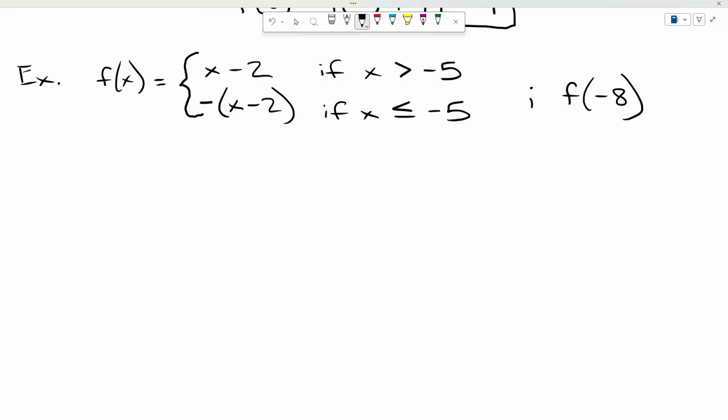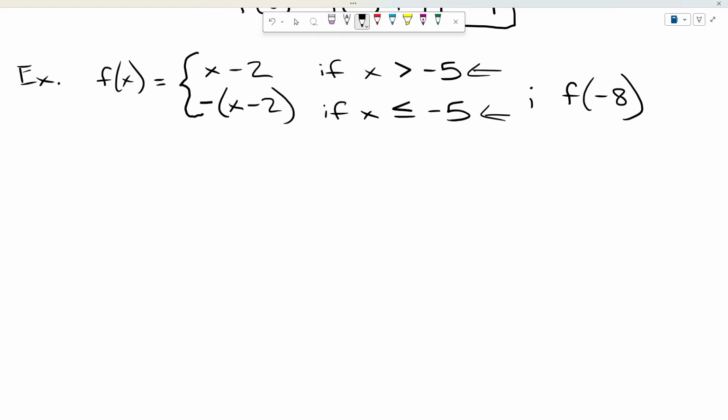All right, so that's based on the information we're given. Where would negative 8 fit, based on the specific domain values that were given corresponding to each equation? So the top one is only for x that are greater than negative 5.